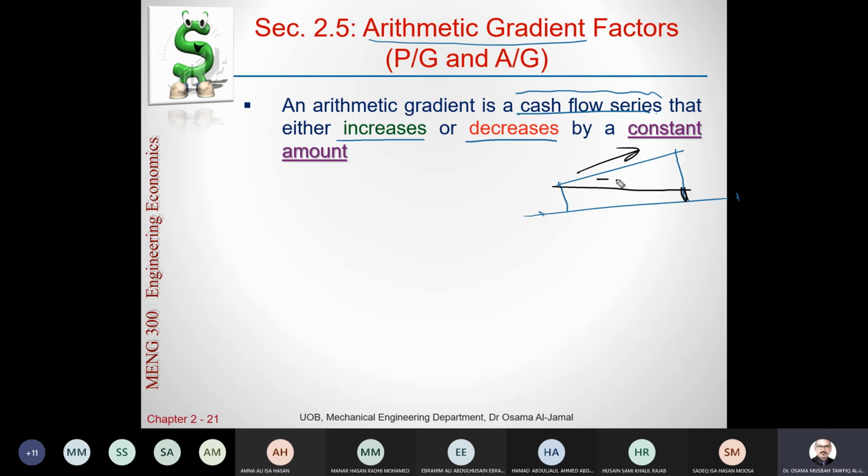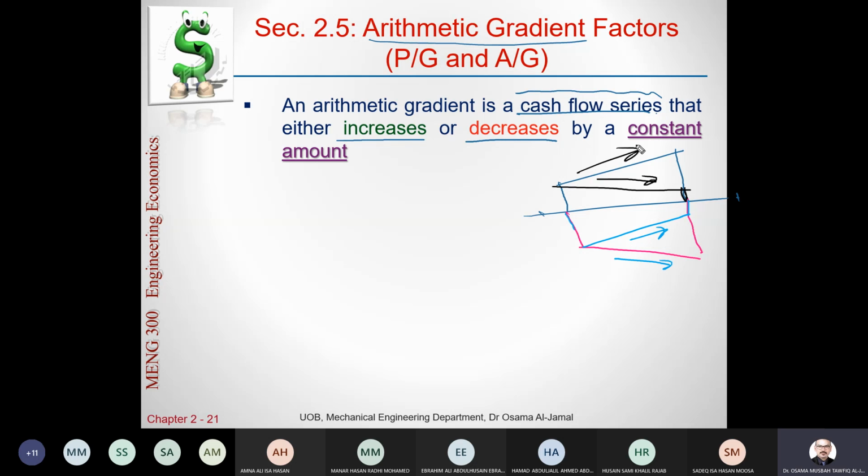So increasing, decreasing, regardless if they are upward or downward. It's taken downward. This is increasing. And the other one, from the same one here, this is decreasing.